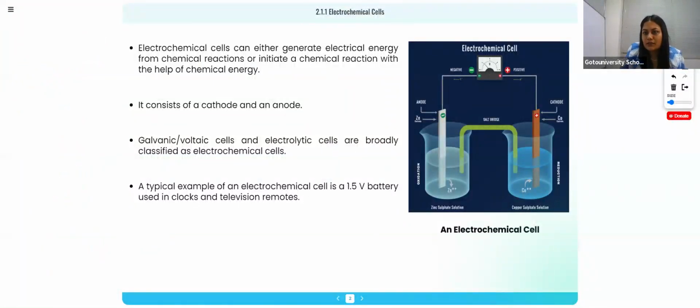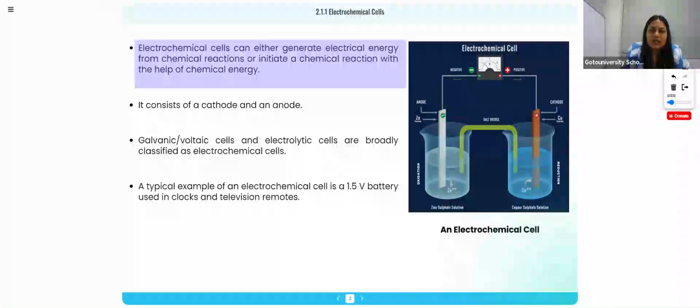In here, as you can see in the image shown here, that is an image of an electrochemical cell. Okay, first let's study what an electrochemical cell is. Electrochemical cells can either generate electrical energy from chemical reactions or initiate a chemical reaction with the help of electrical energy.